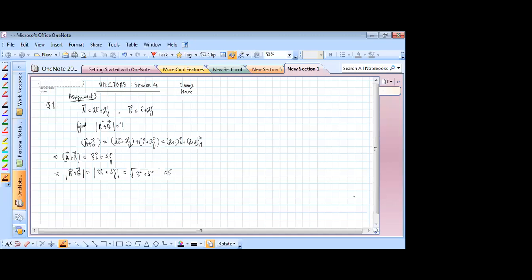Now in question 2, you have to take the same vector, A plus B above, and find the angle with respect to the x-axis.